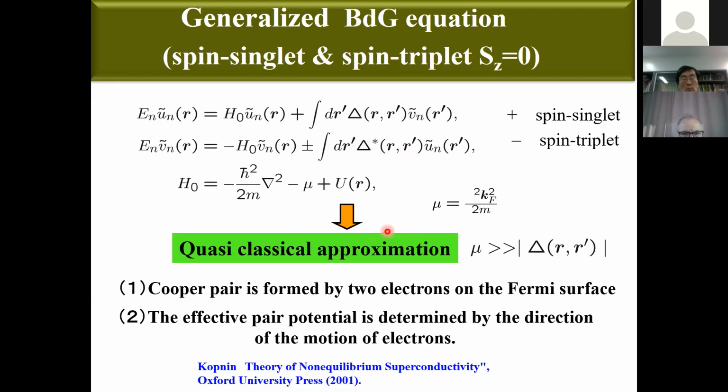So the most important assumption is that the Cooper pair is formed by two electrons on the Fermi surface, and also the effective pair potential is determined by the direction of the motion of electrons.